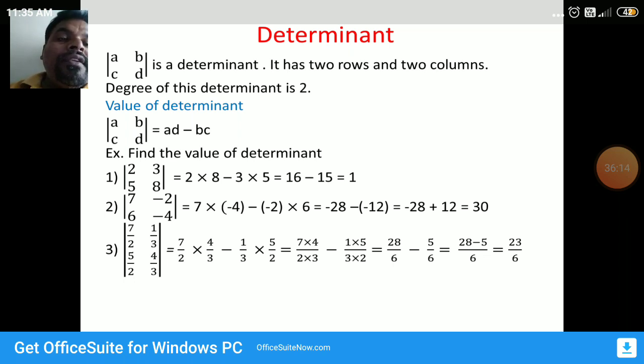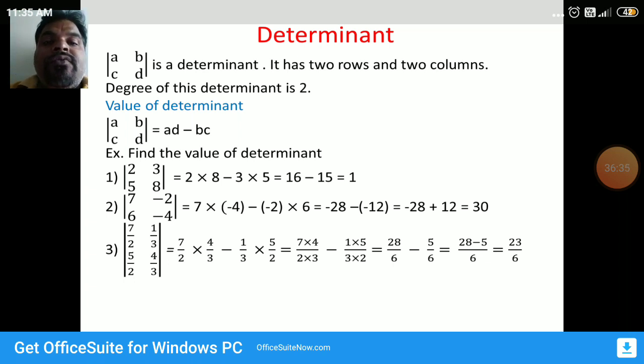Minus 28 plus 12 is equal to minus 16. The value of this determinant is minus 16.